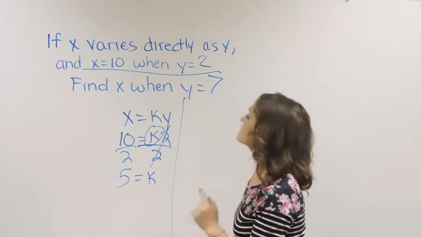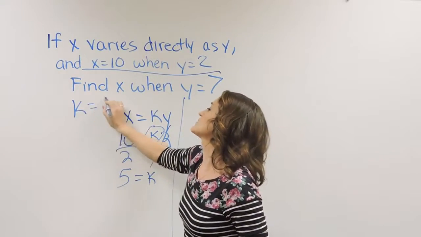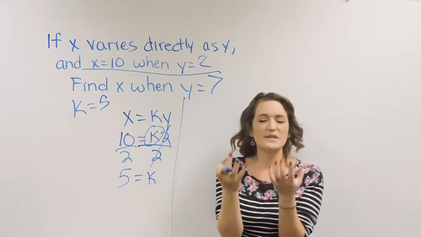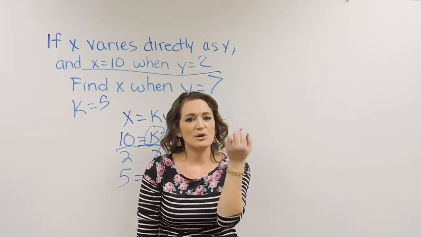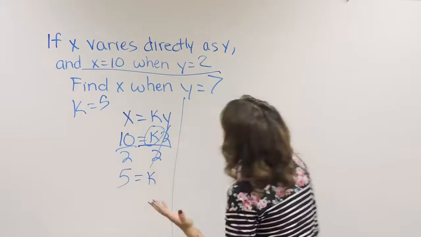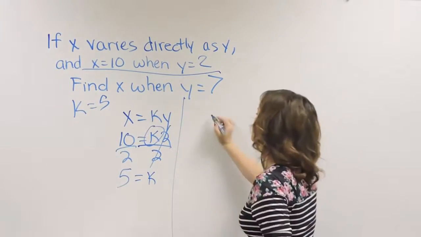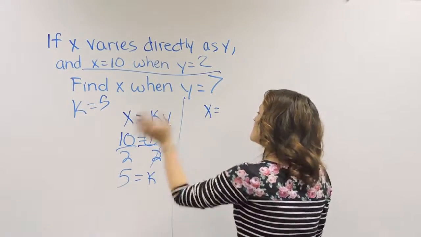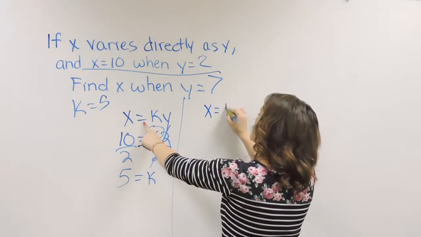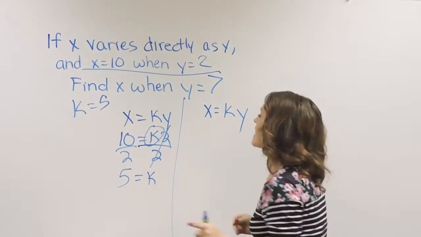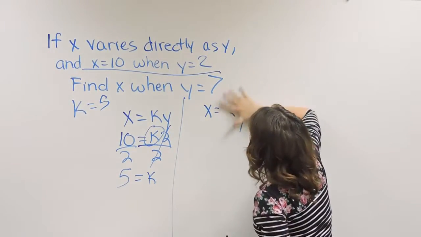And we can use the fact that K equals 5. Remember, that represents a constant, something that's just going to stay the same. So now let's calculate when Y is 7. I'm going to use the same equation, X equals K times Y. The only difference now is, hey, I know what K is.